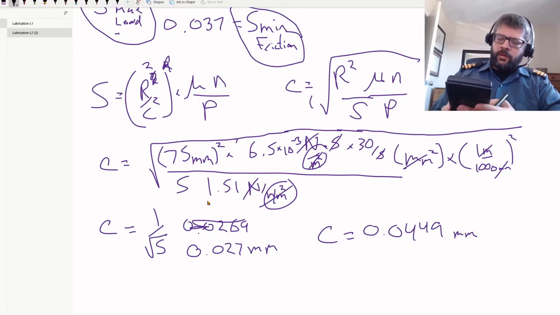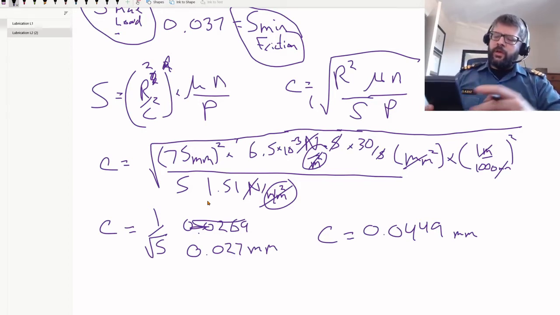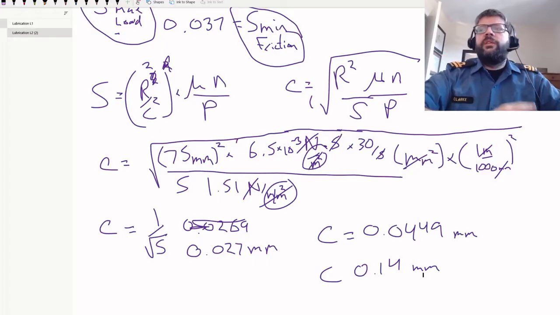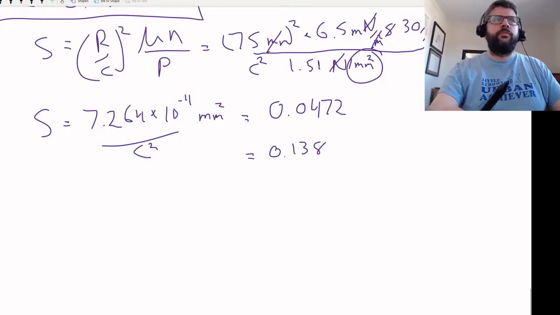And then for the 0.037 S, that gives us a radial clearance of 0.14 millimeters. So it's a fairly wide range there of values that we could target that would still allow us to be operating within the optimal range.